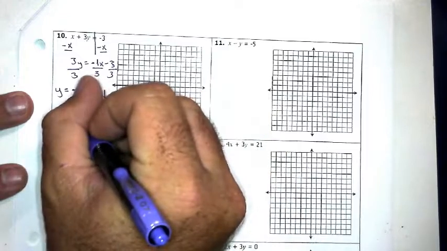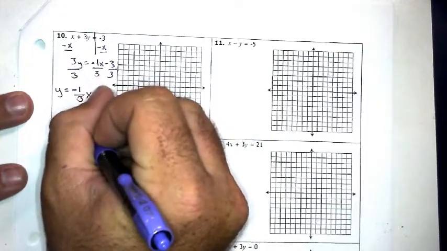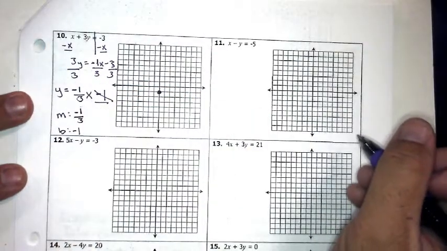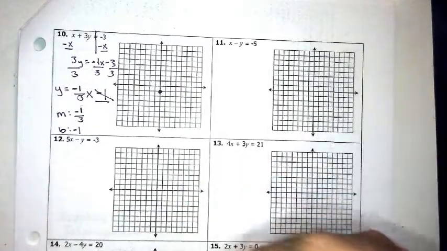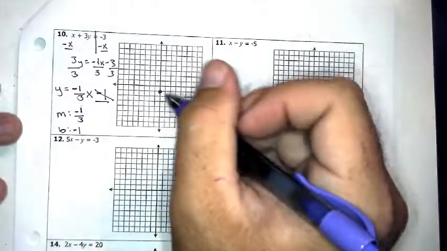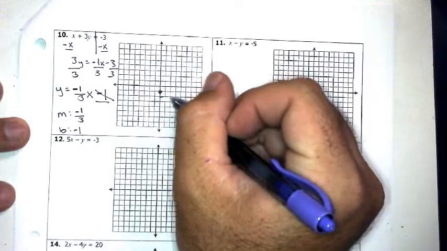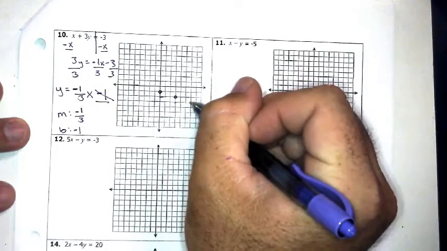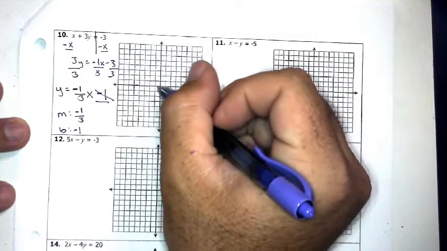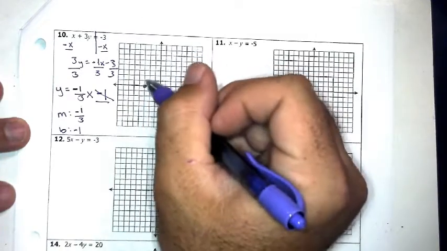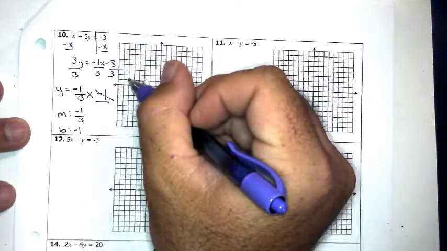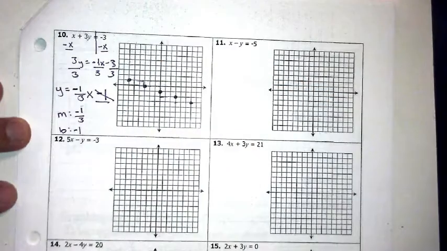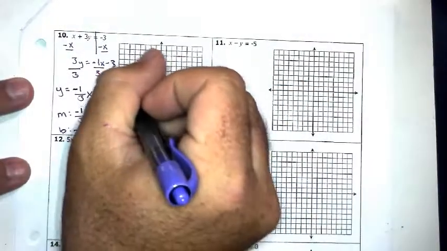Now again, Coach Kimball likes to have the negative with the numerator. So I'm going to go down 1, and then I'm going to go over 3. Down 1, over 3. Okay, and now just to get the practice of going in the reverse. Then we connect our points. And there's your answer.